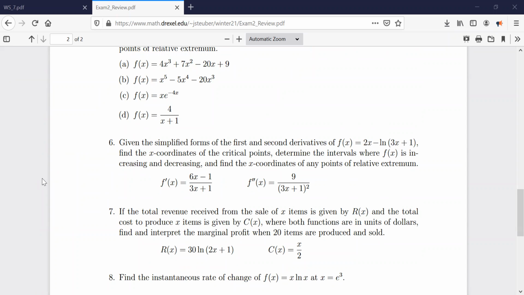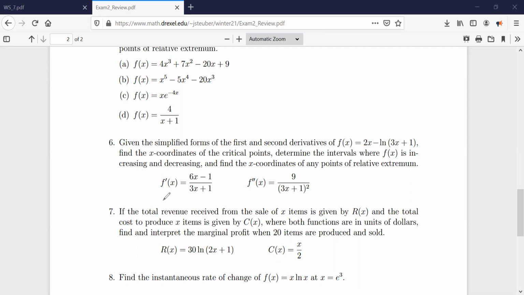Find the x coordinates of the critical points, determine the intervals where f of x is increasing and decreasing, and find the x coordinates of any points of relative extrema. It's already done the derivative for us and actually simplified the derivative for us.